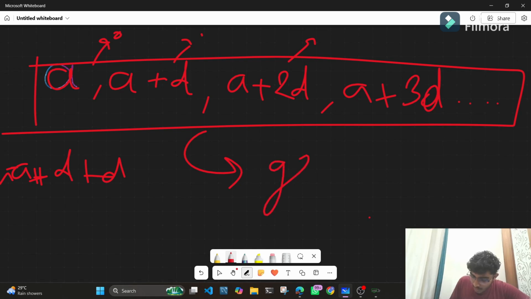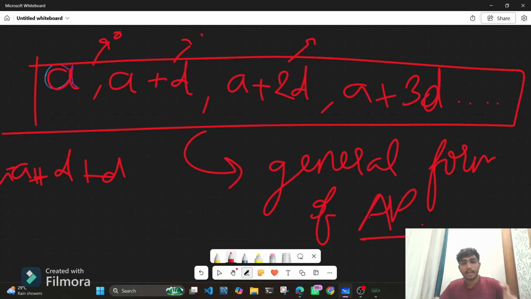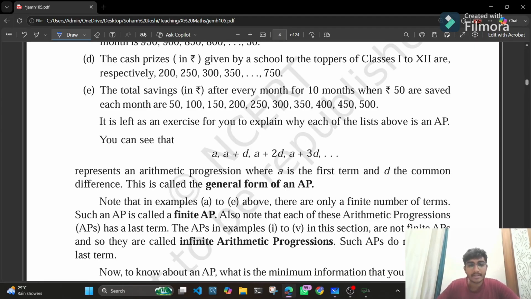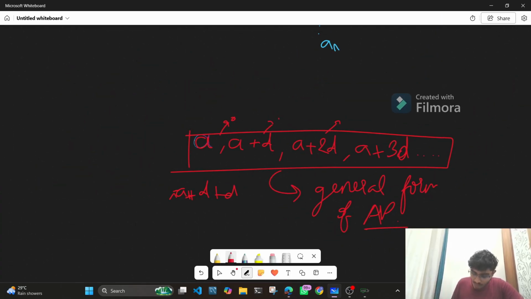Therefore, this is the general form of the AP, that is arithmetic progression. So I think you have got the meaning of arithmetic progression, right? This is how we represent the AP. Now there are two types of AP.